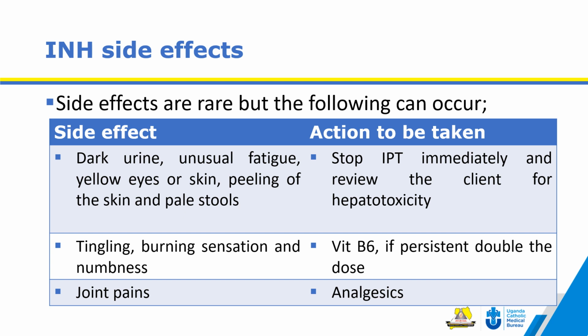We need to stop IPT immediately and review this client for hepatotoxicity, the need for a liver function test, and whether they can continue or need to be stopped on IPT. For complaints of tingling sensation, burning sensation, and numbness on the feet and hands, we encourage them to take the vitamin B6, but if persistent, we double the dose of the B6. For joint pains, we manage with the available analgesics.